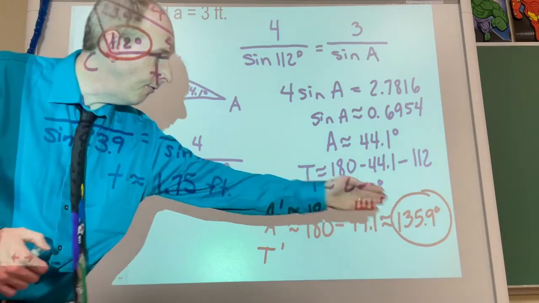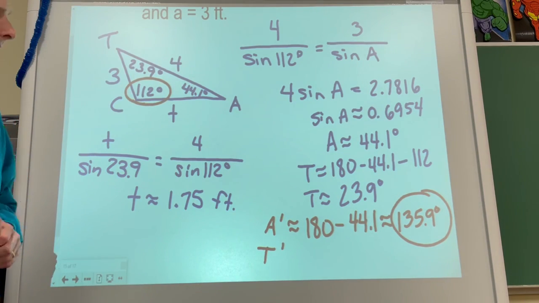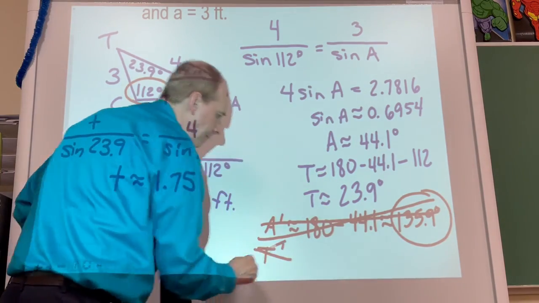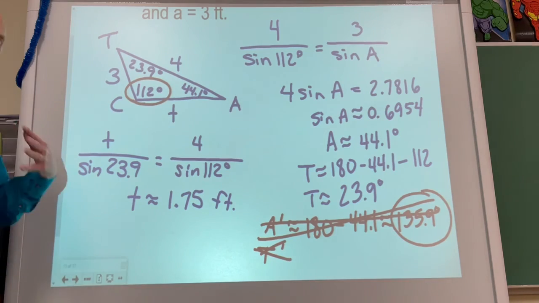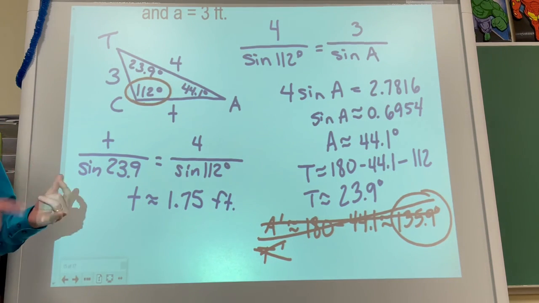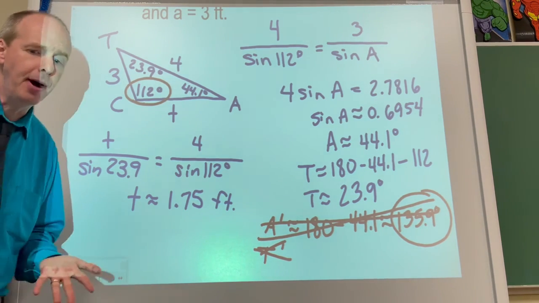Didn't we already go over 180? So that tells you there is no second possibility. You can't go past 180 degrees. So that's how you know if you have one possible case, 2 possible cases, or no possible cases.